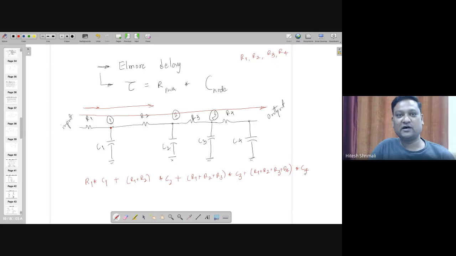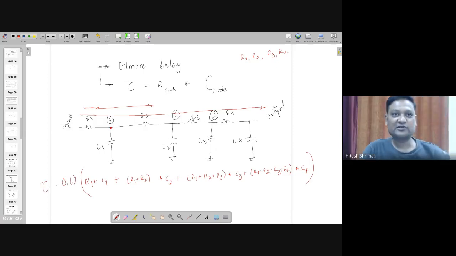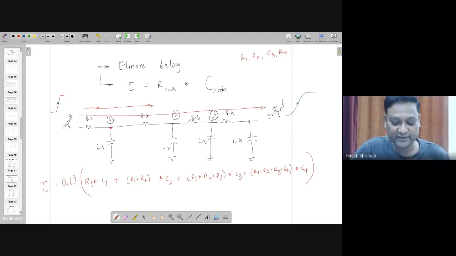When you want to see the output at 100%, but if you are interested at 50%, it has to be multiplied with 0.69, and that will be your propagation delay at the midpoint. So if you are giving the input from here to here, and if you are seeing the output from this point to this point, if I take the subtraction of these 2 points in time, I'm going to have this one, right? Okay.